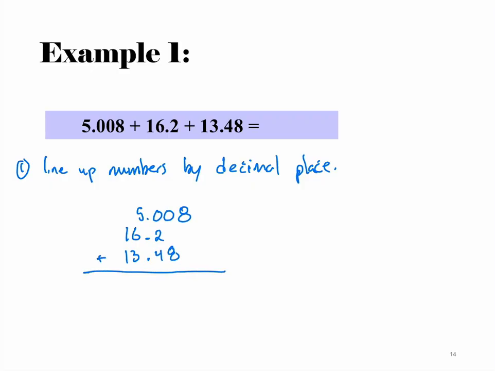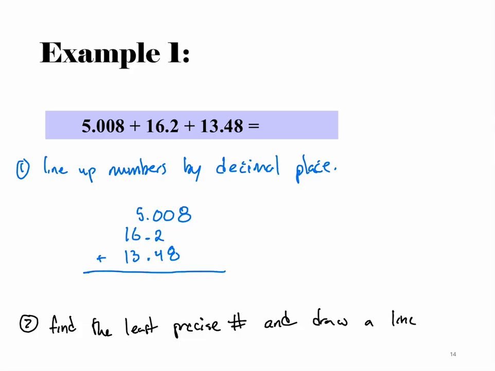What was the second step? Yep, we find the least precise number and draw a line to the right of the last significant digit.